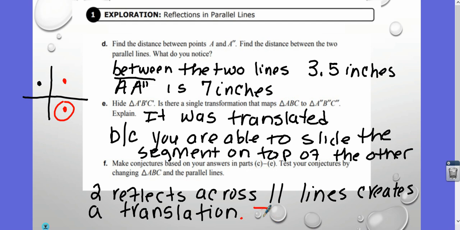And the second conjecture is the distance. So this is number 2. This is the first one.